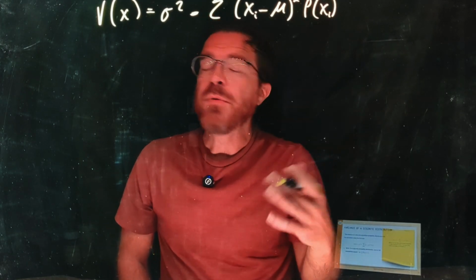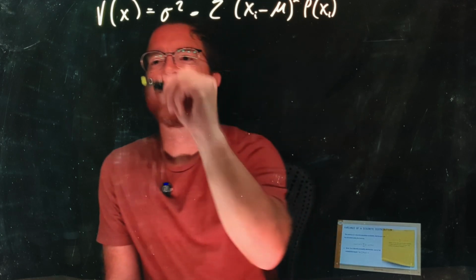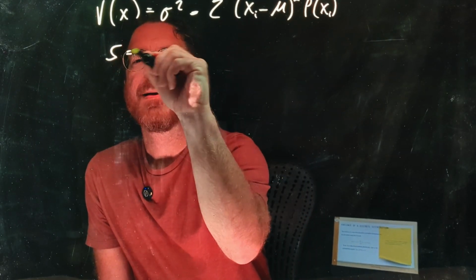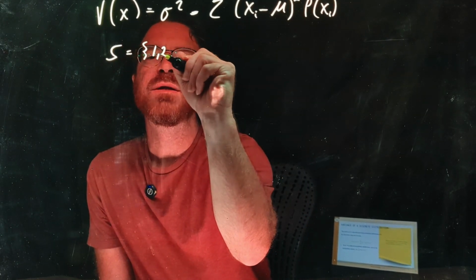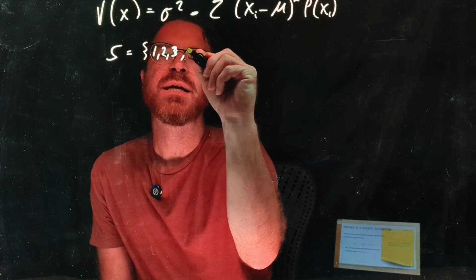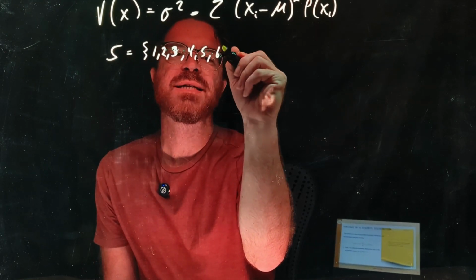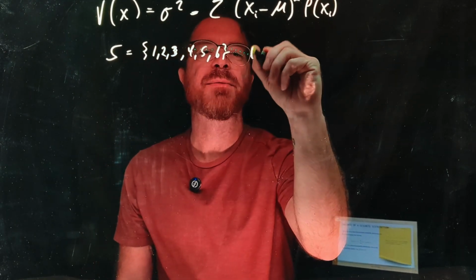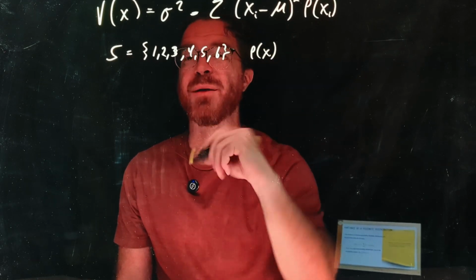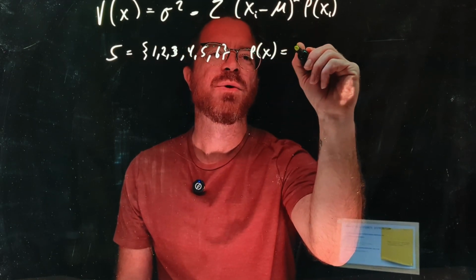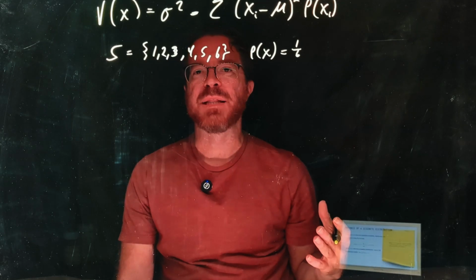As an example, using our original 6-sided dice example, we had S equals 1, 2, 3, 4, 5, and 6. The probability of X was equal to 1/6 because they were all equally likely.